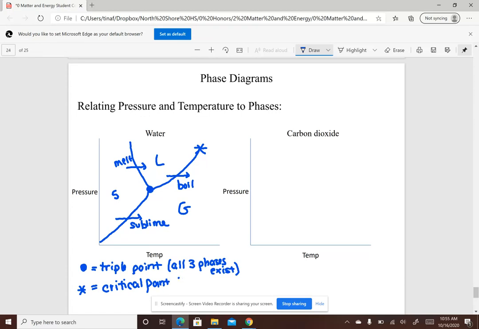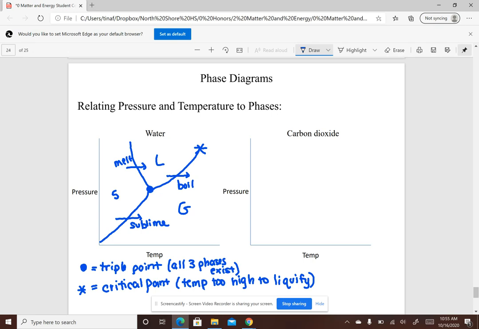And we'll say the temperature is too high to liquefy. So steam would not condense. It would be impossible to make it condense at that temperature and that pressure.